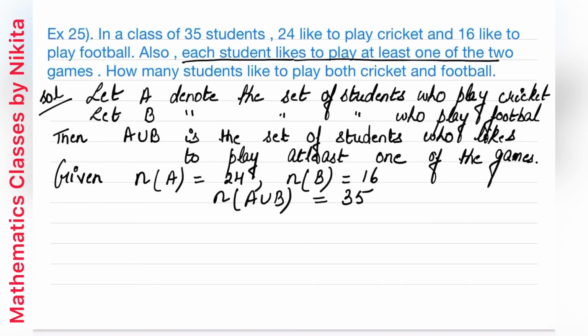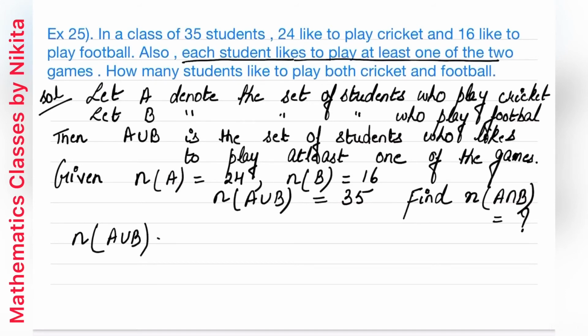So this is how you have to extract the information from the word problem, and you have to find the number of elements in the intersection. So how many students like to play both the games? So again we will use formula 2, which says that the number of elements in the union is equal to, now just plug in the values.